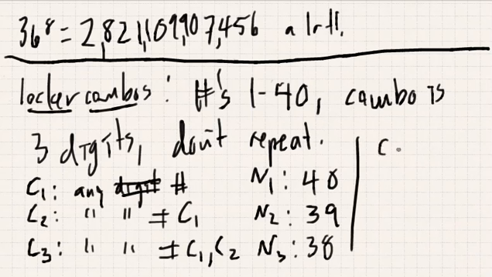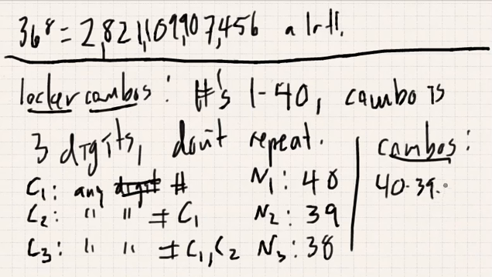So the total number of combos here is going to be 40 times 39 times 38, and that number is, again, let me use the fantastic calculator that was built into my brain. It's not a whole lot, but it's more than enough to prevent somebody from sitting at the gym and trying every single possibility before you get done with your workout.